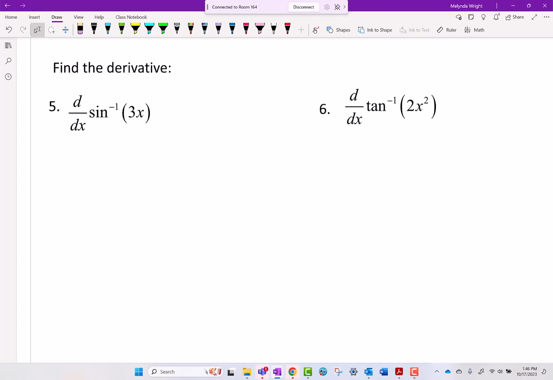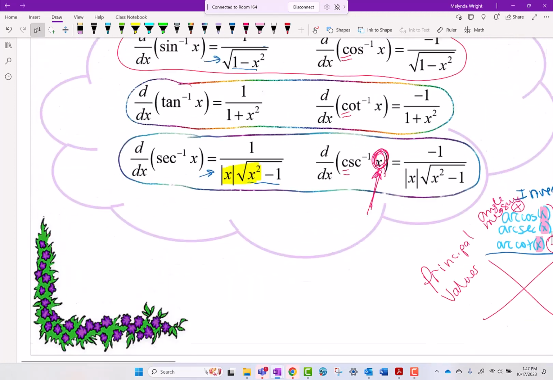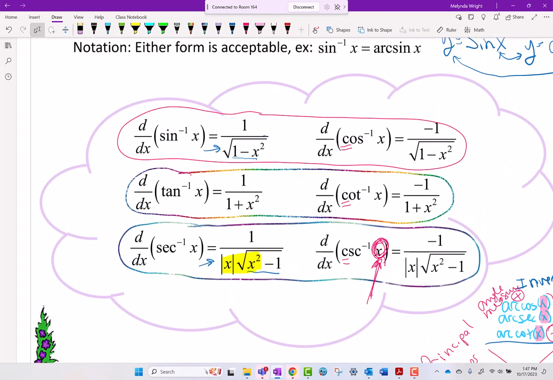The trig arc functions, the inverse trig functions, sometimes really freak students out, but really it's much easier to take derivatives of them because all we're doing is using a template. All these little formulas up here, we just have to memorize them as the template. That's it. Okay, they're a template.